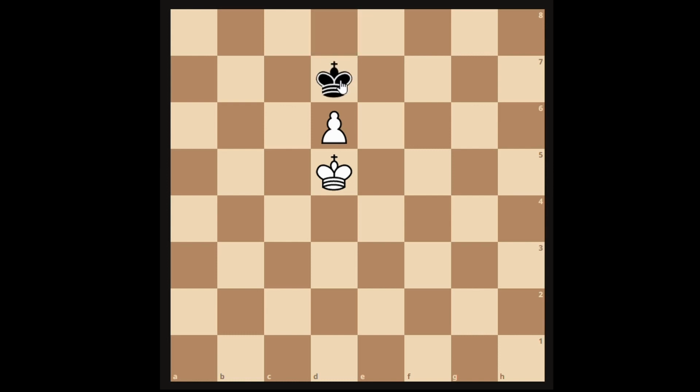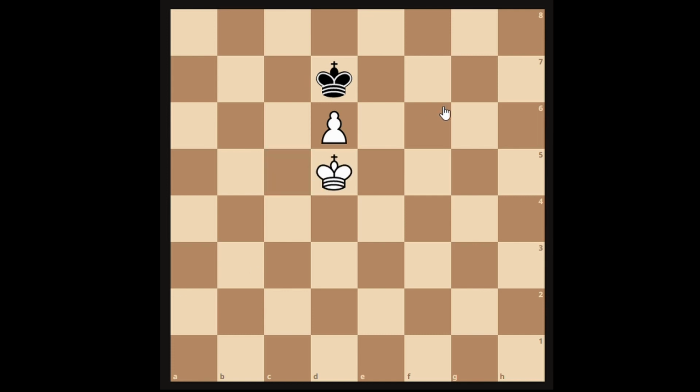Say, for example, black goes here and white decides to go here, then black will just go up here and white will go back up here to defend the pawn. If white does this, then black will go back. And this is kind of like this situation.